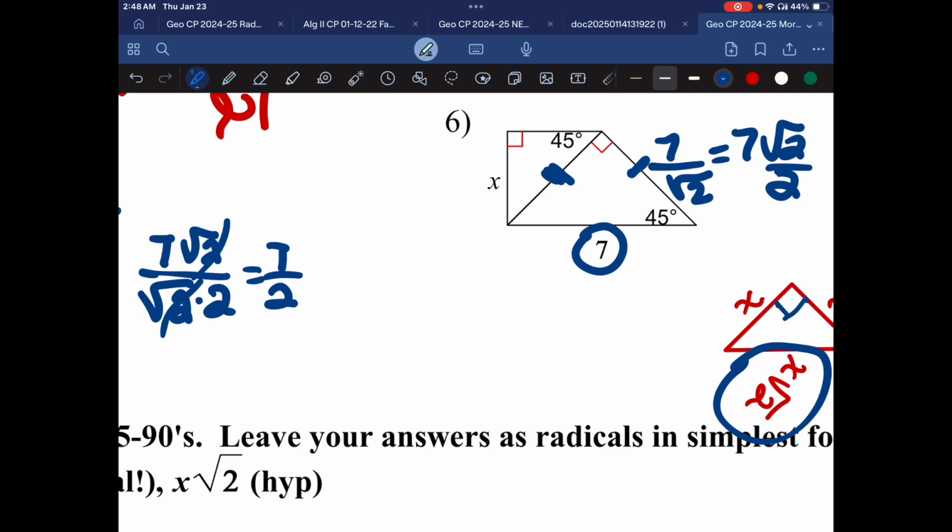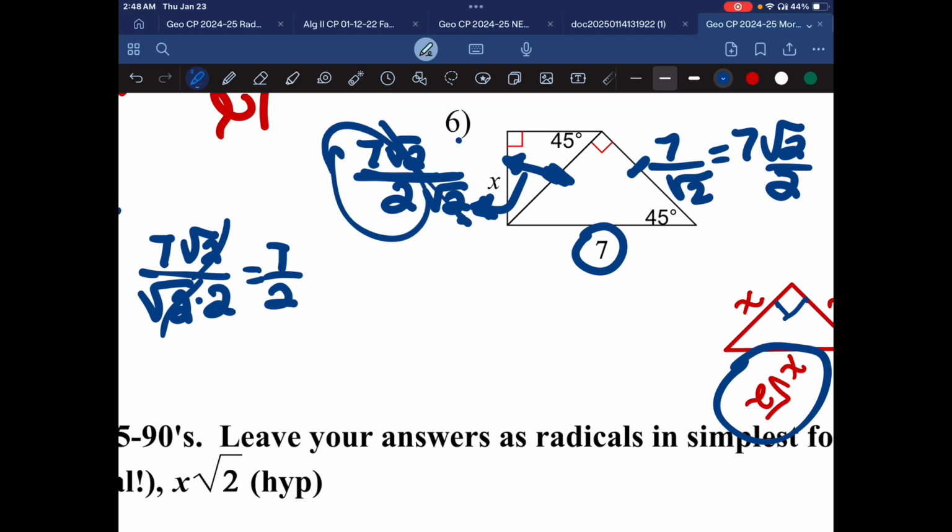And if this hypotenuse is 7 radical 2 over 2, then this leg is this over square root of 2. Because, again, to go smaller, you have to divide by the square root of 2. The easiest way to do that is to just simply put it on the bottom. And then you'll notice those cancel out, and you get 7 over 2 for those.